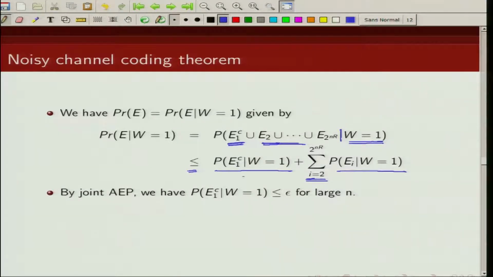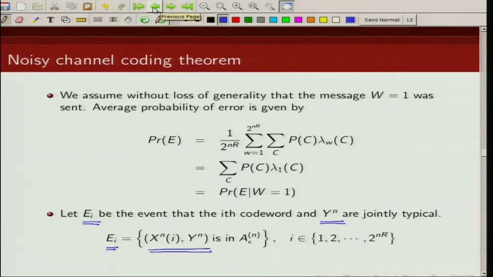Okay. So if you go back and see, E1 corresponds to the event that x^n(1) and y^n are jointly typical.